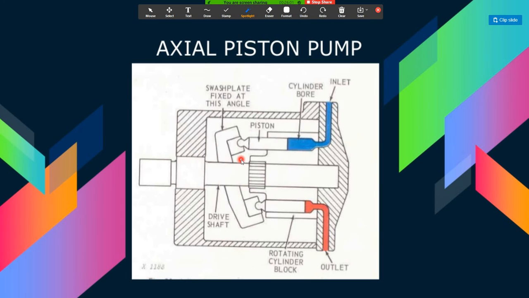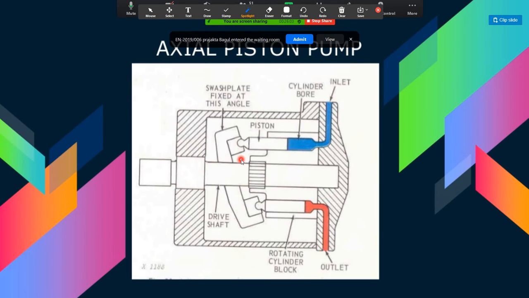The rotation of the wobble plate causes the piston to suck oil from the oil reservoir. During the suction stroke, oil enters the cylinder and gets trapped.